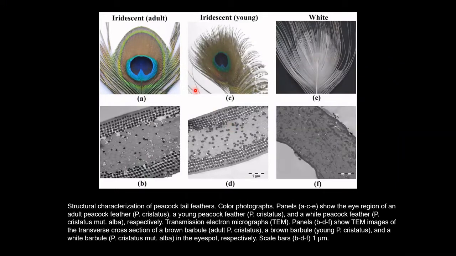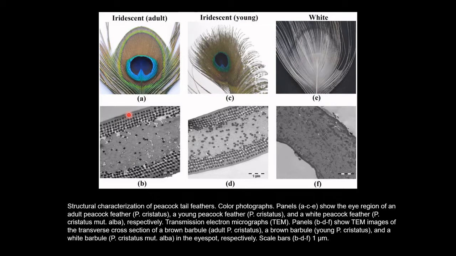So we can contrast the microscopic structure of, I'm going to call them barbules. It looks like they took a cross section, so they cut open one of the small units of structure of these feathers, and you can see that in a mature adult feather, there's this regular array of some kind of, I don't know what that's made out of.